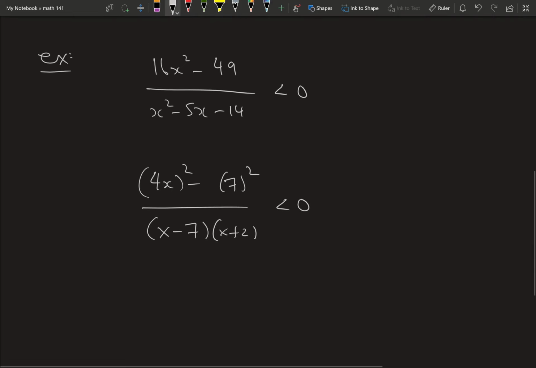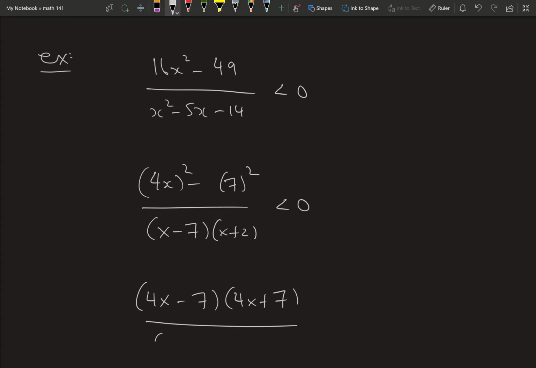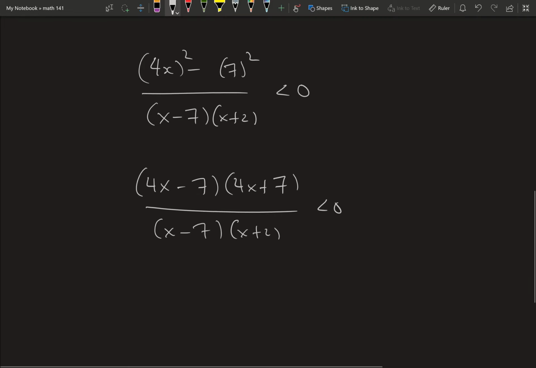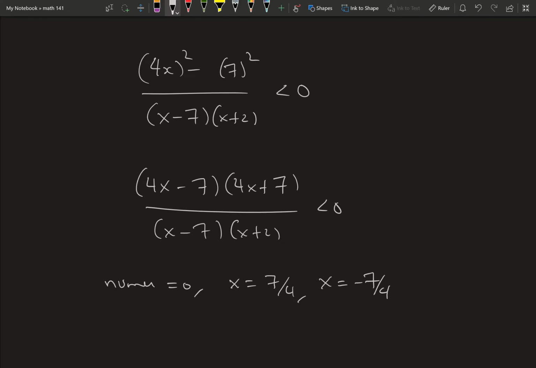So the top becomes (4x minus 7)(4x plus 7), divided by (x minus 7)(x plus 2). Now we have a full factorization where the numerator is 0 at the points 7/4 and -7/4, and we also have x equals 7 from the denominator and x equals -2.